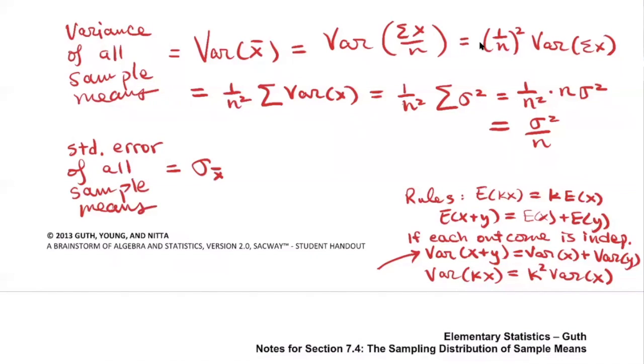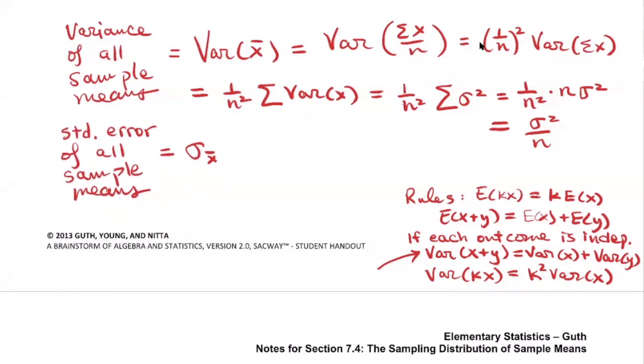So it's the standard deviation of the sample means, which are all x bar. But standard deviation is the square root of variance. So this is the square root of the variance of x bar.